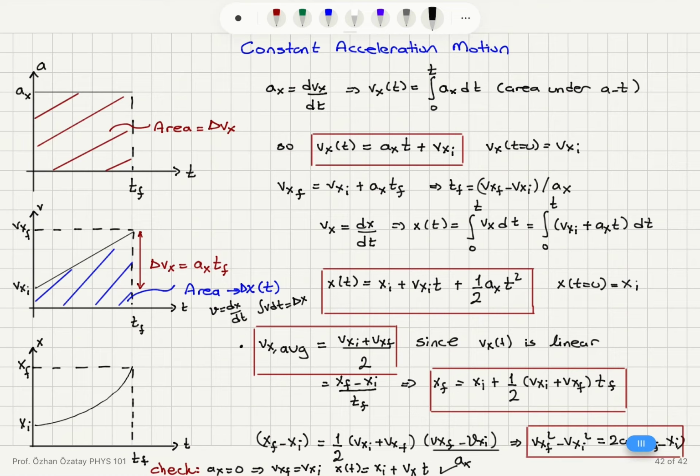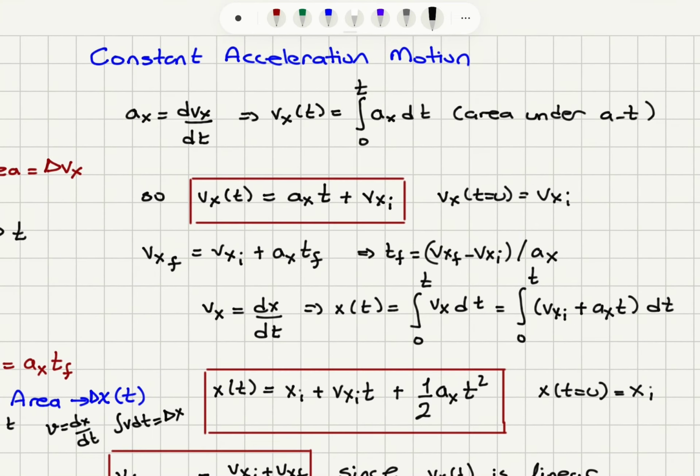Now let's take a look at this mathematically. Acceleration is dvx dt, so Vx of t is going to be the integral from 0 to t of ax dt. It's the area under the at curve. So that's basically equal to delta Vx here, the change in the velocity.